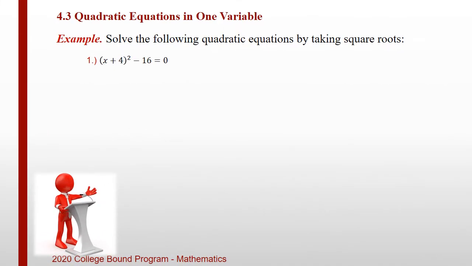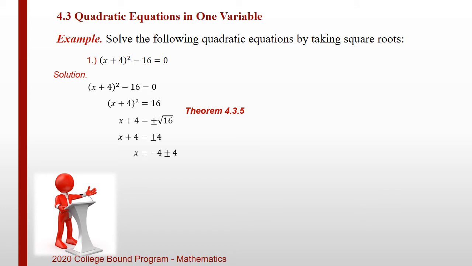Let's have some examples. Suppose you want to solve the equation (x plus 4) squared minus 16 equals 0 by taking square roots. First, we write the given as (x plus 4) squared equals 16. Using Theorem 4.3.5, we obtain x plus 4 equals plus or minus the square root of 16, which simplifies to x equals negative 4 plus or minus 4.